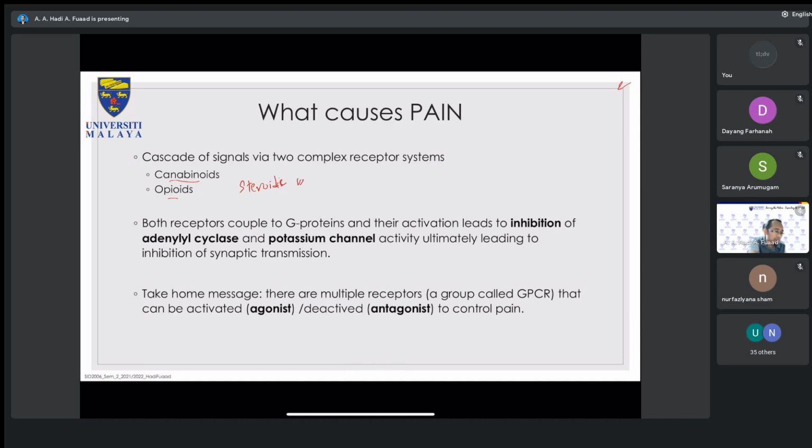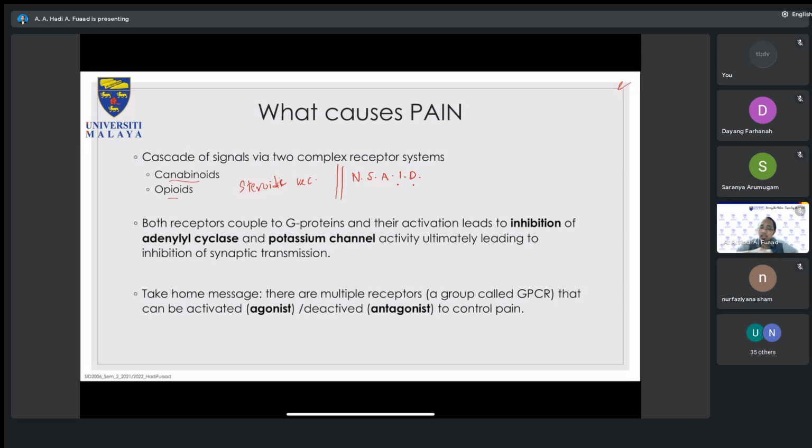We do have another side of this coin, which is what we call non-steroidal anti-inflammatory drugs, or NSAIDs. They are the other drugs that are non-steroid.